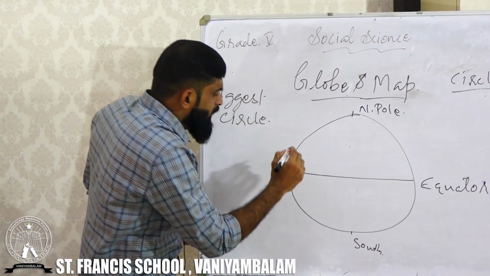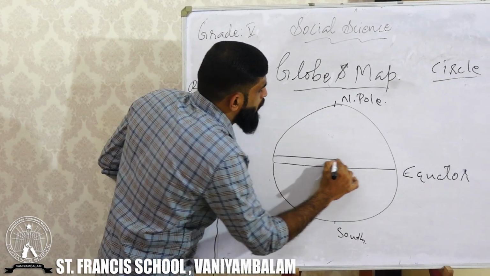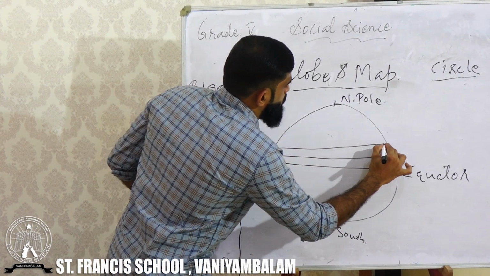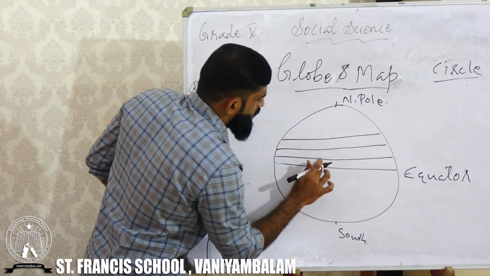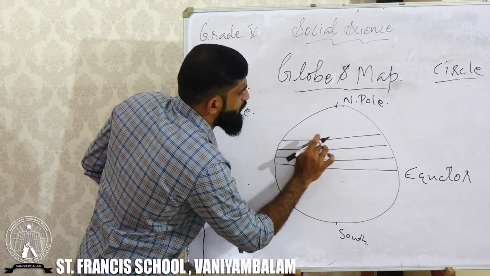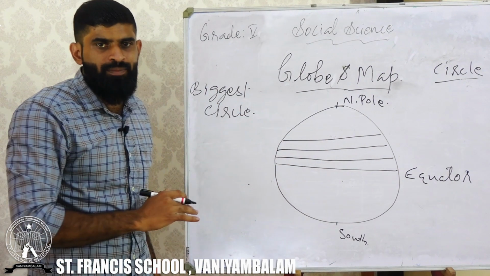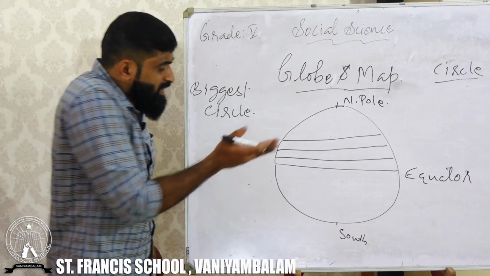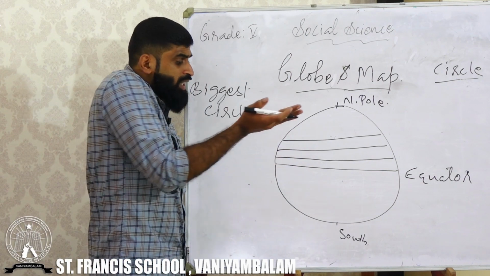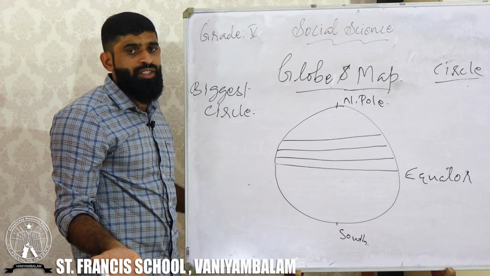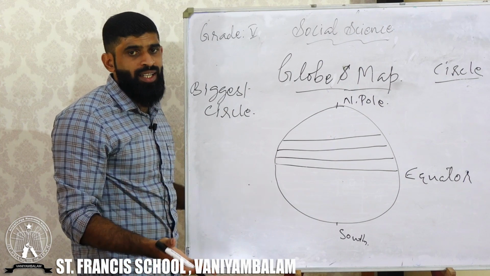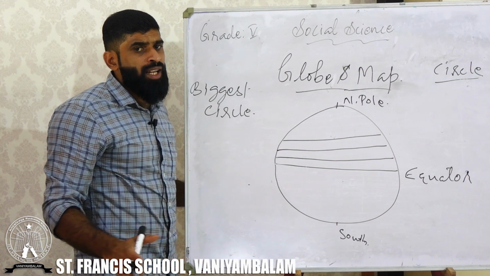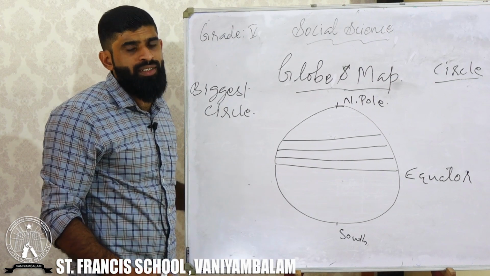When latitudes move from the equator to the northern hemisphere, look at this, the length of these latitudes is decreasing. The circles we draw on the earth's surface can be called latitudes or parallels, but all the parallels do not have the same length.